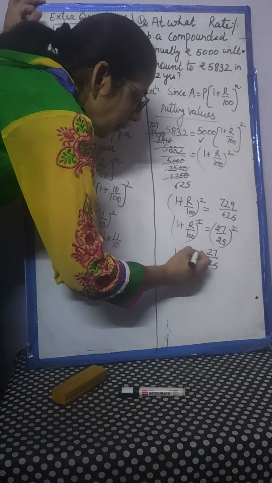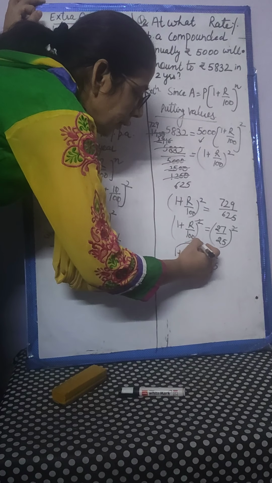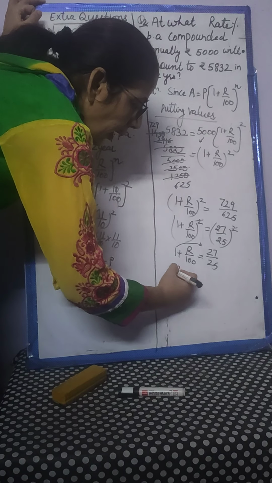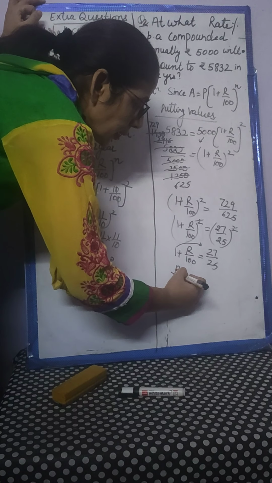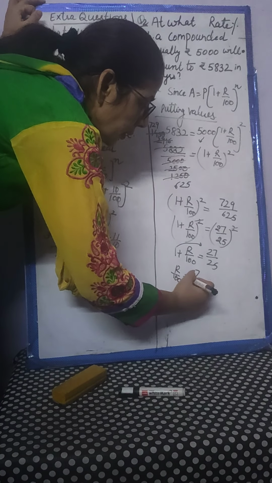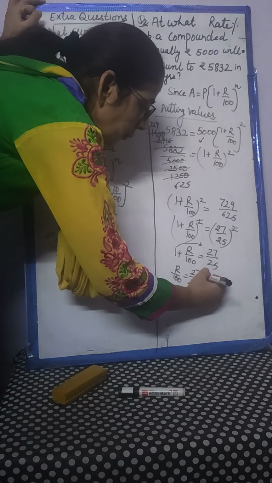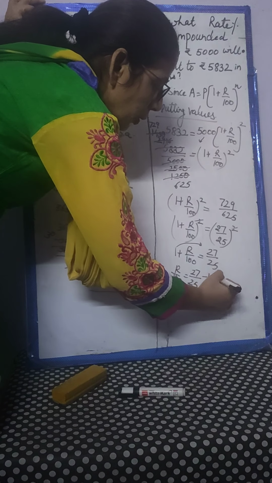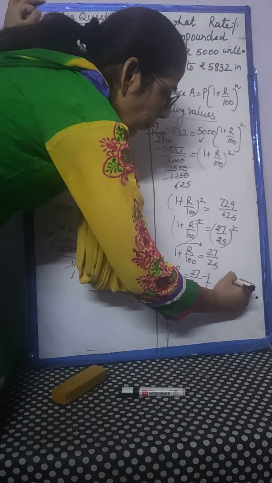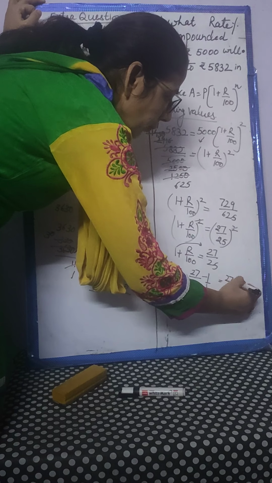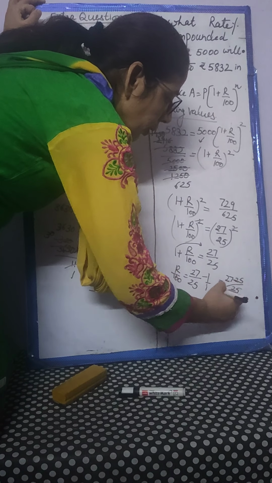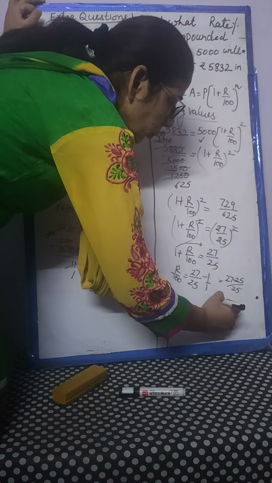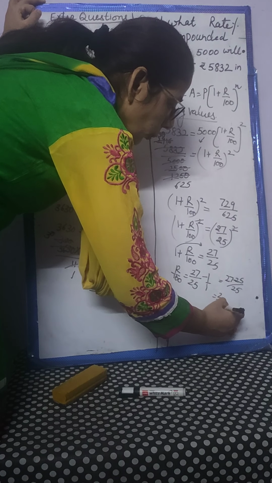I have to find the value of r. I will take this on that side. R by 100 is equal to 27 by 25 minus 1. So what will be there? Take LCM. 27 minus 25 upon 25. So this is equal to 2 by 25.